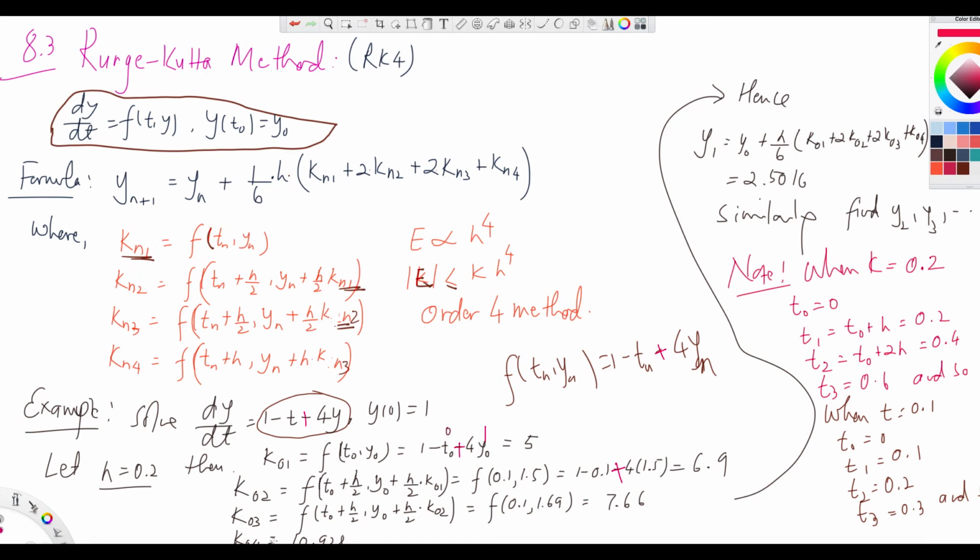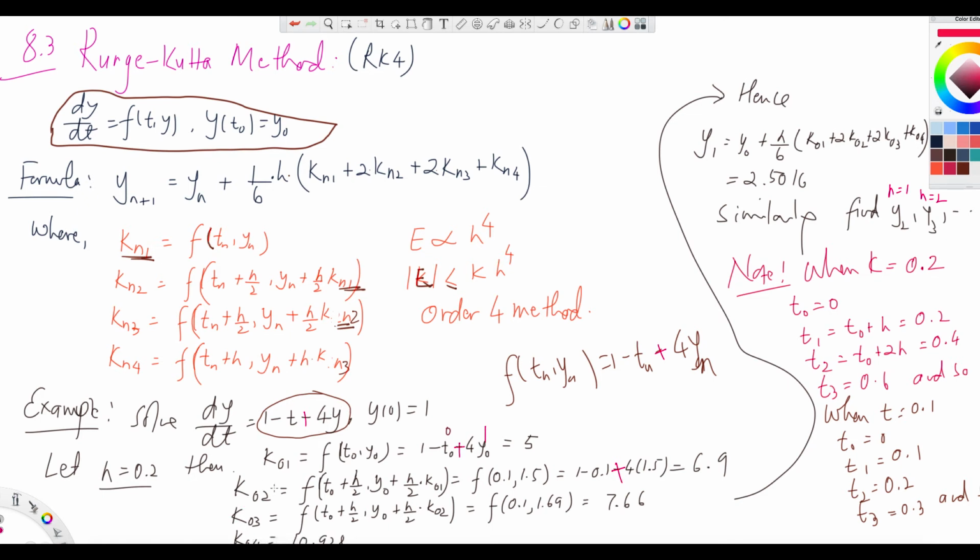And then after you find out these values, y0 will become y1, and then y1 will be y0 plus h over 6. That formula, you plug in that. And then next you pick n equals 1, n equals 2. When you take n equals 1 and plug in here, you will get y2. And take n equals 2 and plug in here, you will get y3, and so on. So you continue that way, okay?